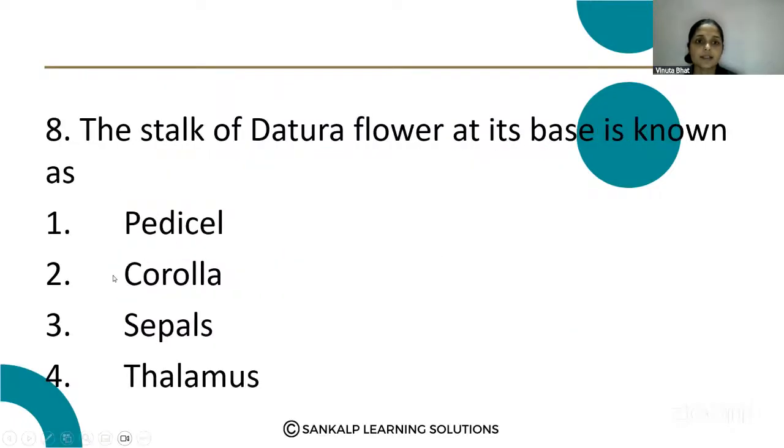Next question. The stalk of the datura flower at its base is known as pedicel, corolla, sepal and the thalamus. Just imagine this is the stalk of the flower.